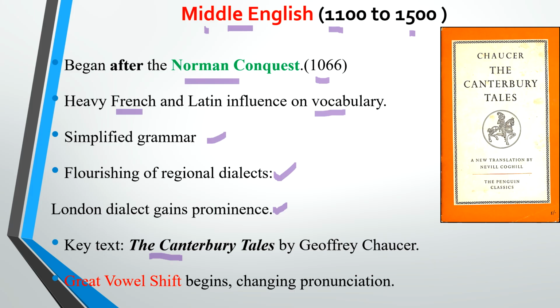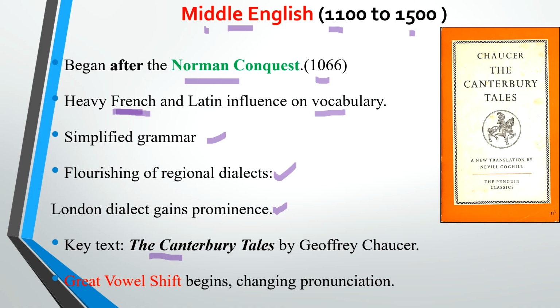During the Middle English period, French was the ruling class language. So, the influence of French is seen on the vocabulary of Middle English. There was a large influx of French words, particularly in areas of law and government.